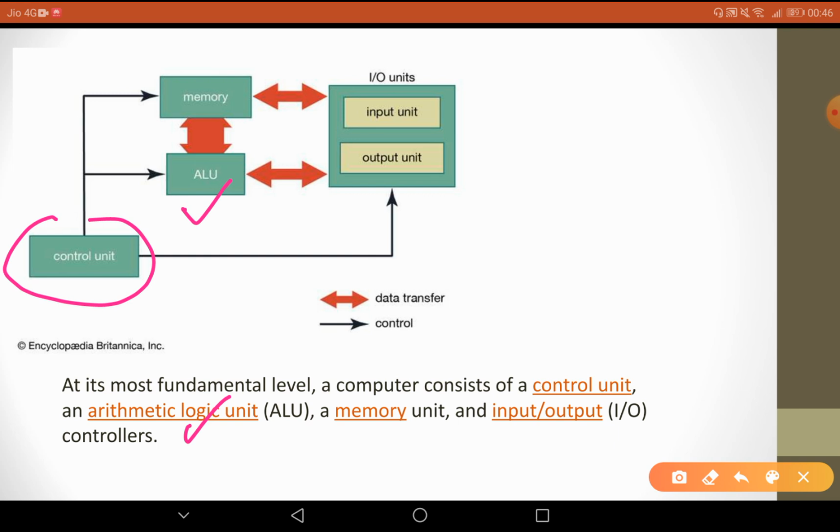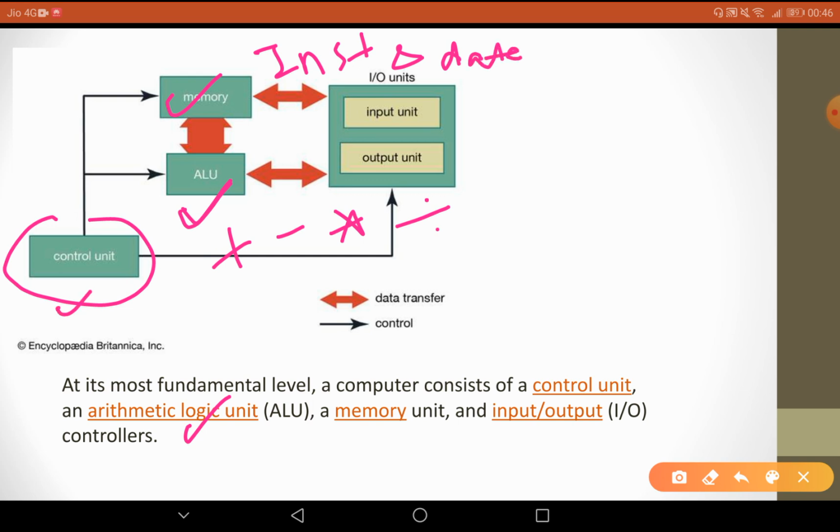So friends, the ALU performs simple addition, subtraction, multiplication and division, and logic operations like AND, OR, NAND, and such. The memory stores the program's instructions and data.